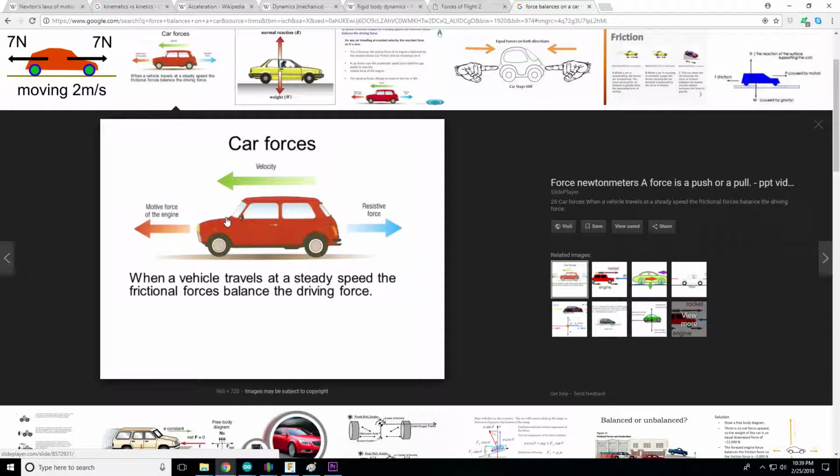You have the three main forces. You have the force forward, which is your engine developing power and then turning tires to make you go forward. Then you have the resistive forces, which are going backwards, which are wind resistance and friction from rolling, called rolling resistance, which is friction between the tire and the ground.